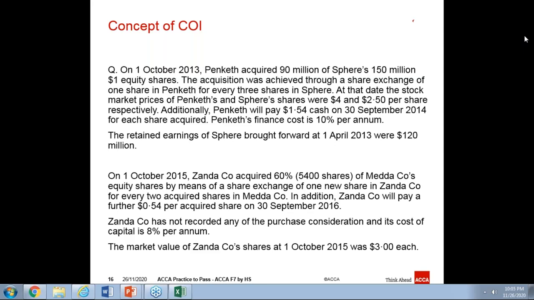Solve both the questions, Zanda and Penkit, share exchange. Calculate the total cost of investment in both the cases.